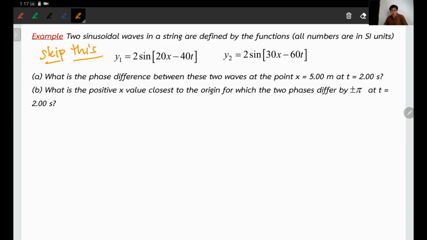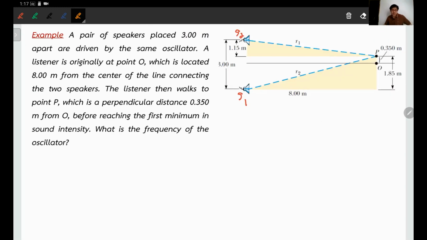Okay. This is more realistic in terms of actual application, because it is something that you can measure and then calculate. Try this one. I think this is going to be a good one for the midterm. A pair of speakers is placed 3 meters apart and driven by the same oscillator.